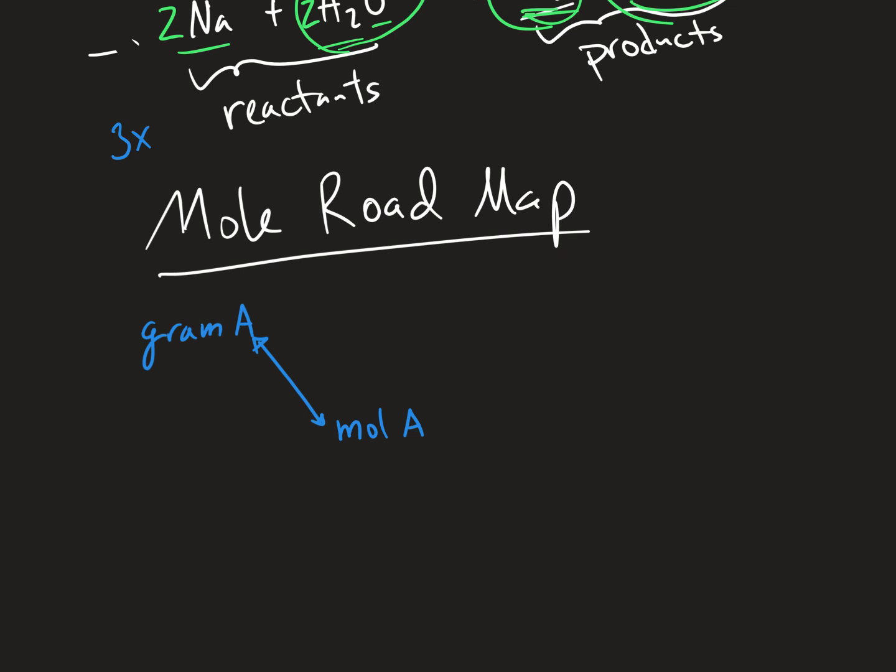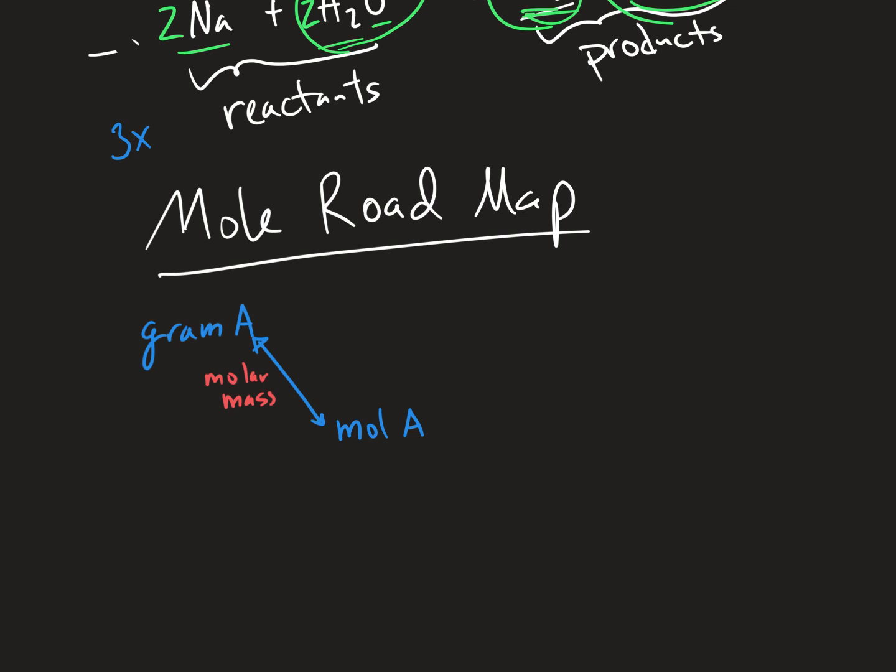What's that called? Molar mass, right? Yeah, you got it. Molar mass is the conversion factor to go from grams to moles. And what if we want to go from moles to grams? We just flip the molar mass, right? Are we good?